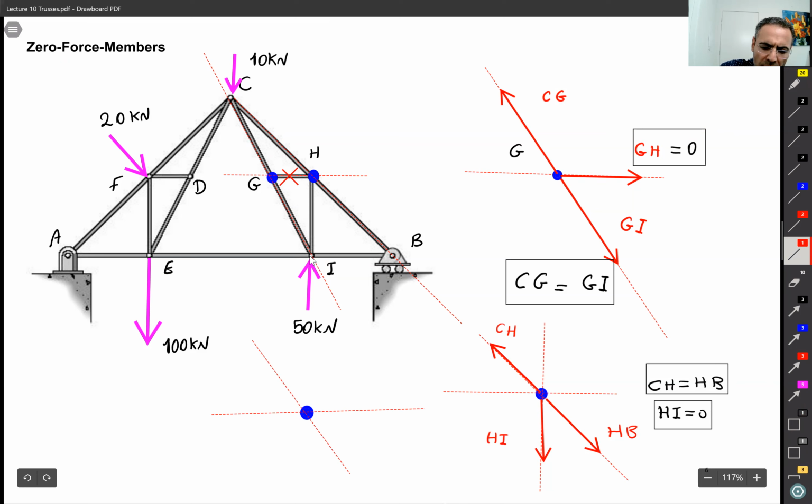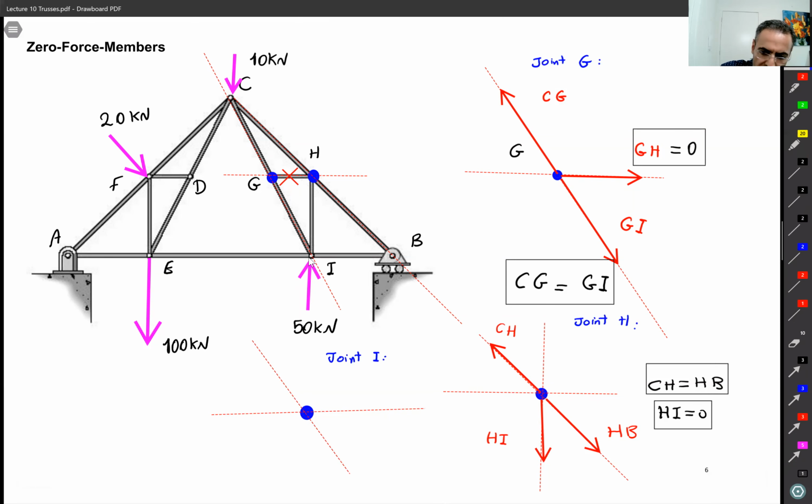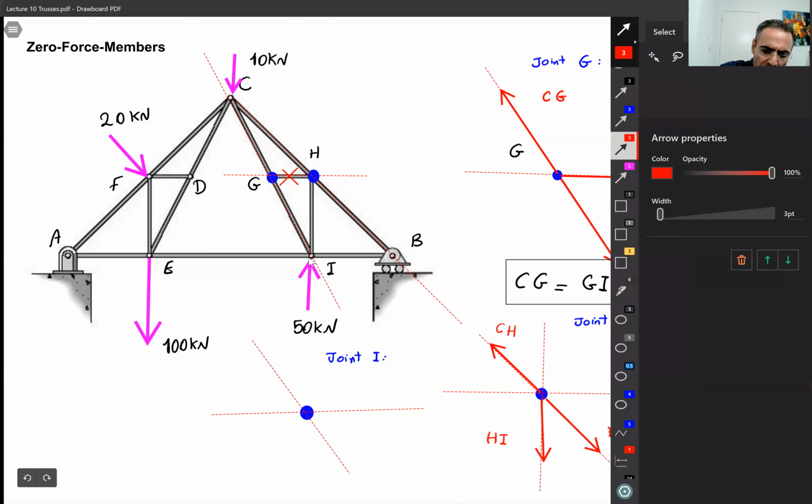So joint I, what do we have? Before we forget, this one was joint G, we analyzed. This one was joint H, we analyzed. And this one is joint I. We'd better be organized here, otherwise soon things get very messy and then we confuse where we are.